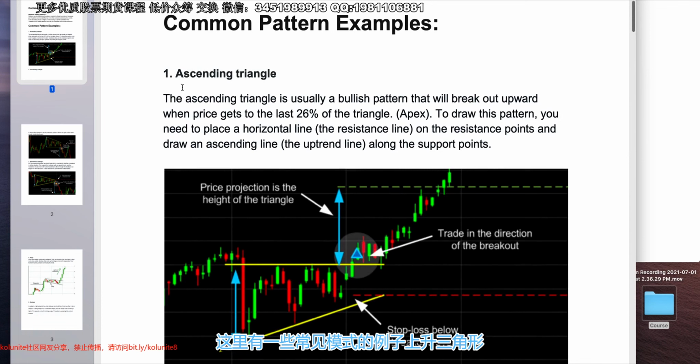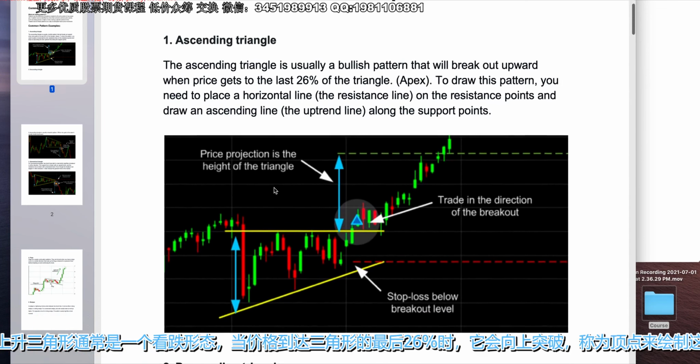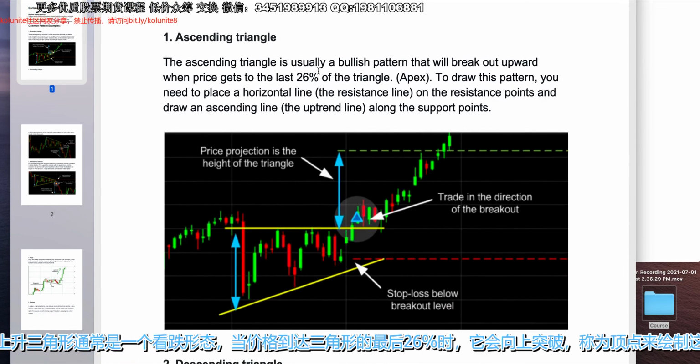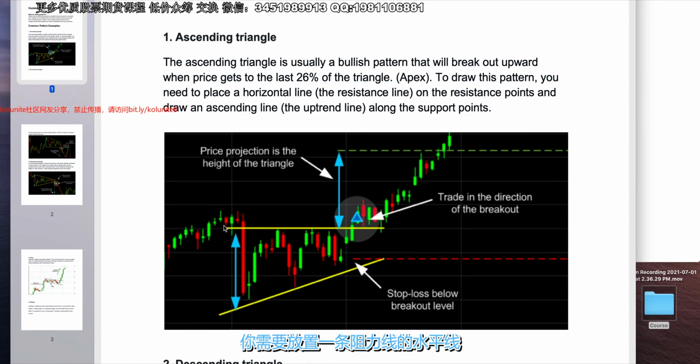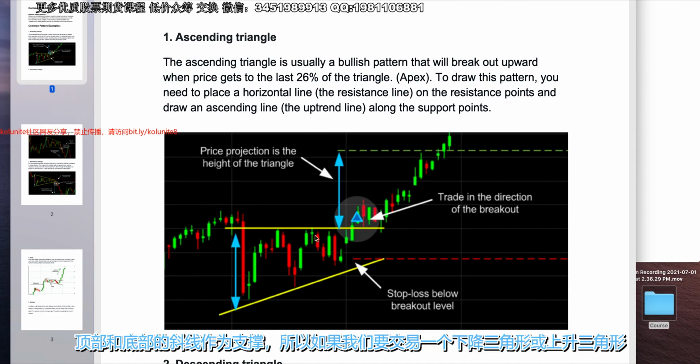Here are some examples of common patterns. The ascending triangle is usually a bullish pattern that will break out upward when price gets to the last 26% of the triangle, known as the apex. To draw this pattern, you place a horizontal resistance line at the top and a slanted line as support on the bottom.